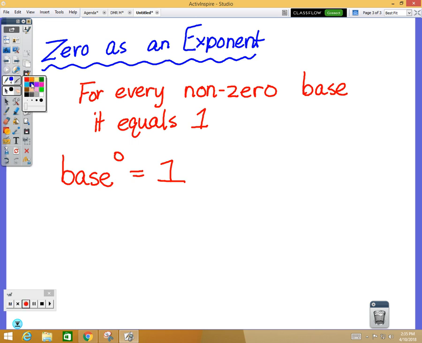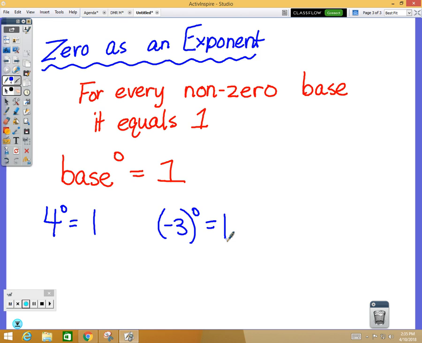Examples for this. If we have 4 to the 0 power, it equals 1. If we have a negative 3 to the 0 power, it's important that the negative sign is included in the parentheses. If a negative 3 is to the 0 power, it equals 1. Not a negative 1 either, just 1.